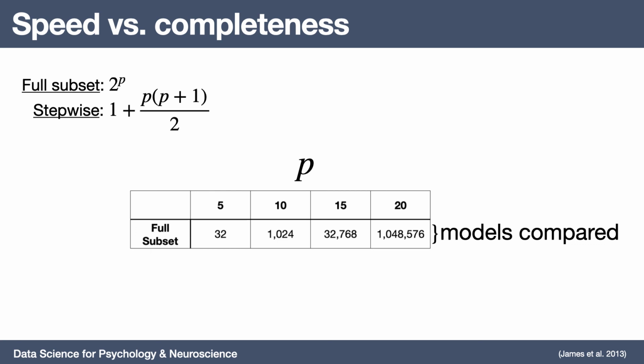You see how the number of models literally exponentially increases, such that when I have 20 variables, I'm comparing well over 1 million possible models. Whereas doing the same model comparisons but with stepwise procedures leads to 16, 56, 121, and 211.